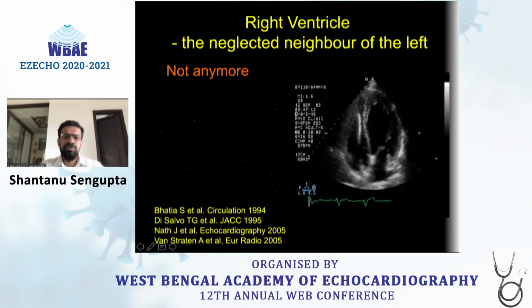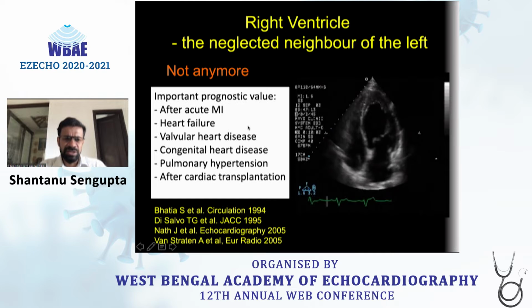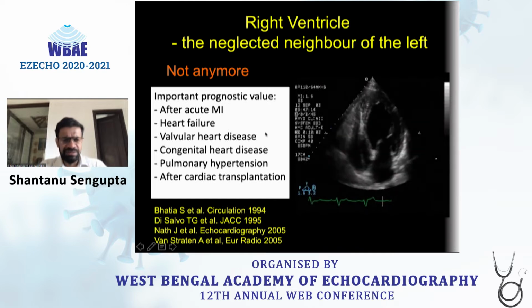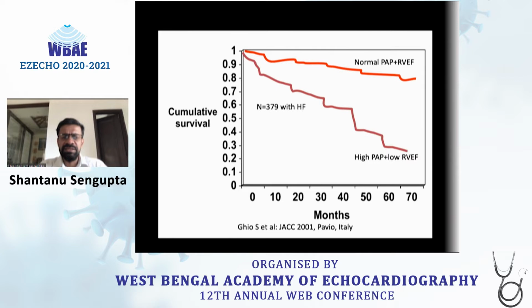So it is no more a neglected entity. We have been looking at the RV extensively, with important prognostic value in ischemic heart disease, heart failure, valve disease, and a lot of conditions. As you can see, survival goes down if RV function gets lower.